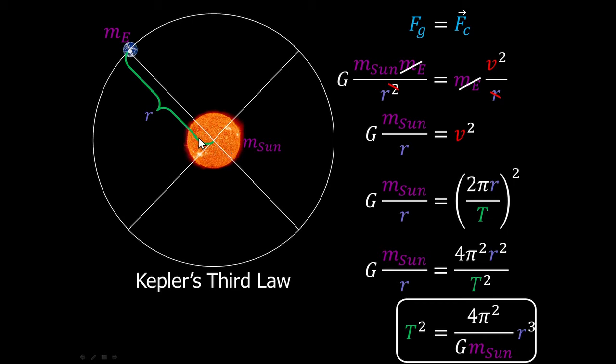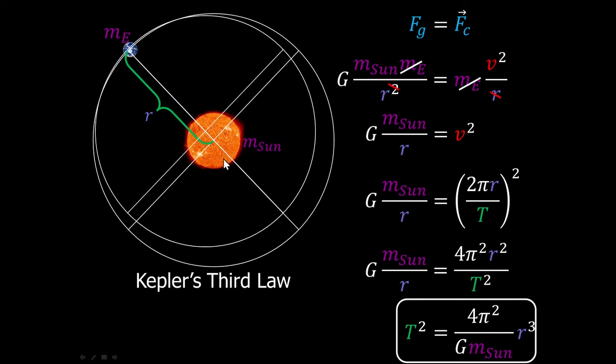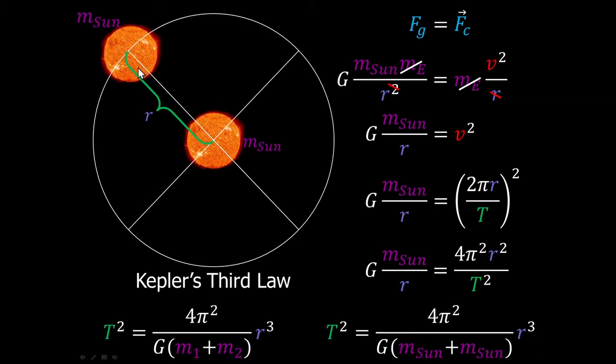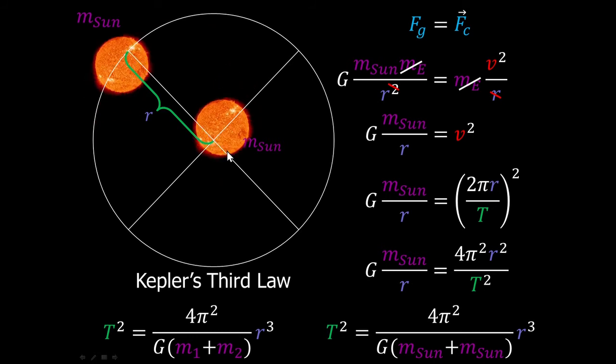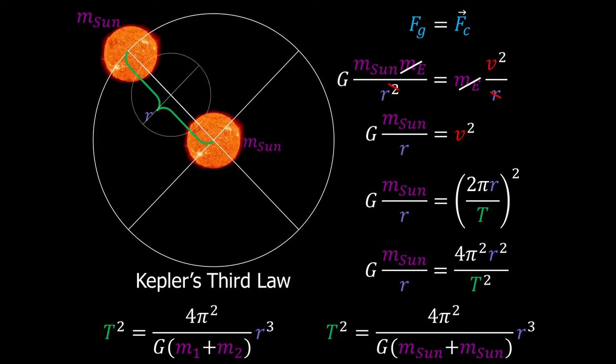But if the Earth had a big enough mass to really move the thing in the center there, the orbit would be a little smaller because that was kind of shifting away from it as it was moving. And the radius would be a little bit smaller. And if we had something really big out there, like another sun, then they would just be orbiting each other in an orbit half the size.